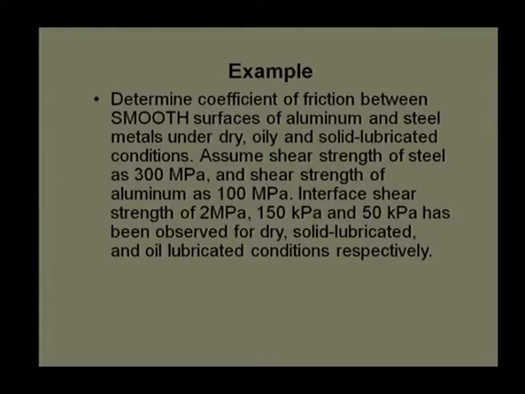In addition, the shear strength of steel is given as 300 megapascal, and the shear strength of aluminum is 100 megapascal. So, aluminum will govern the behavior of this tribo pair. As we have learned, the shear strength of the weaker material needs to be accounted for. So, the shear strength of aluminum, 100 megapascal, will be considered, and the shear strength of steel, 300 megapascal, will not be utilized in our expressions.